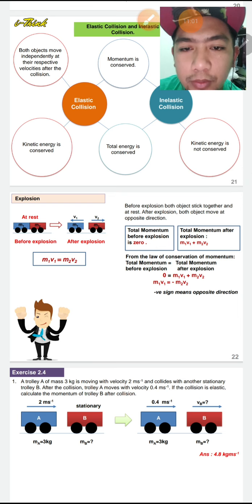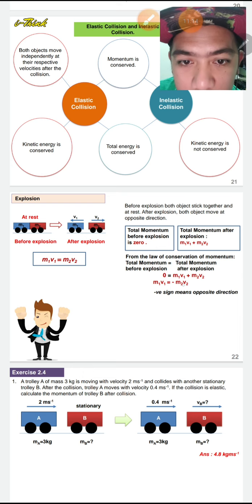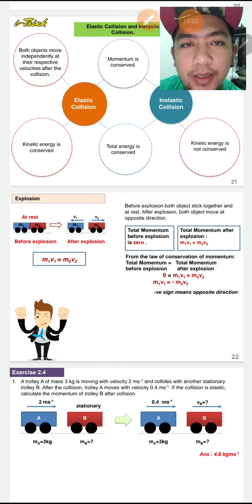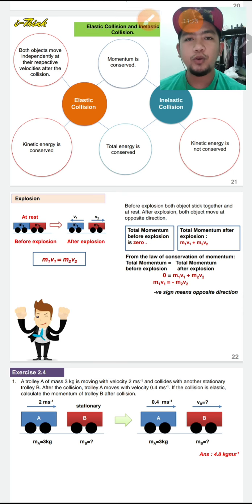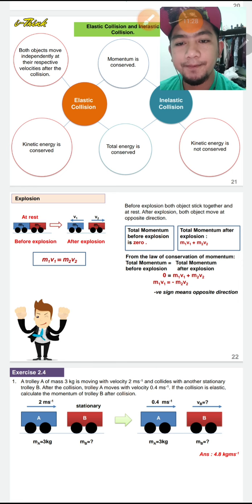Total momentum before explosion is 0 because they are at rest, and after explosion is m1 v1 plus m2 v2. So you can transfer either m1 v1 or m2 v2 to the other side. The negative sign means opposite direction, because this is a vector quantity.